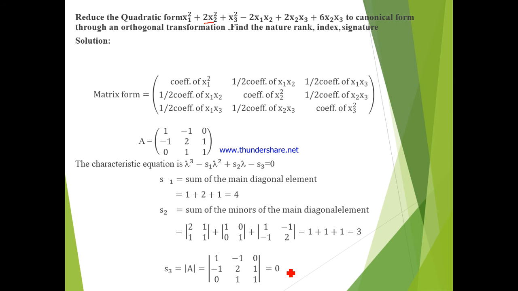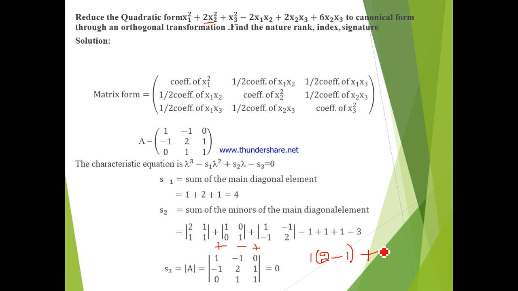So determinant of this one. So 1 into, remove the corresponding column and row, we get 2 into 1 minus 1. So 1 into 2 minus 1, minus; for this one we put plus, here minus, here plus. So 1 into 2 minus 1, minus of this minus 1.